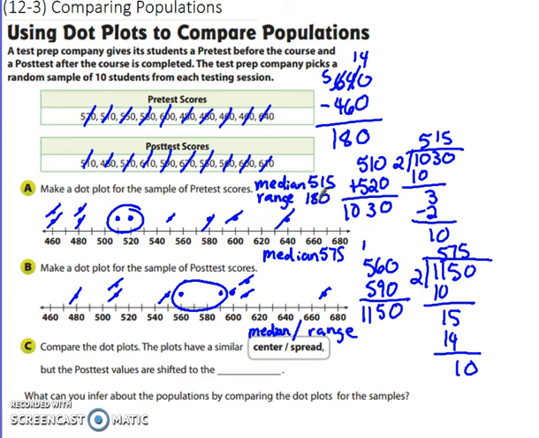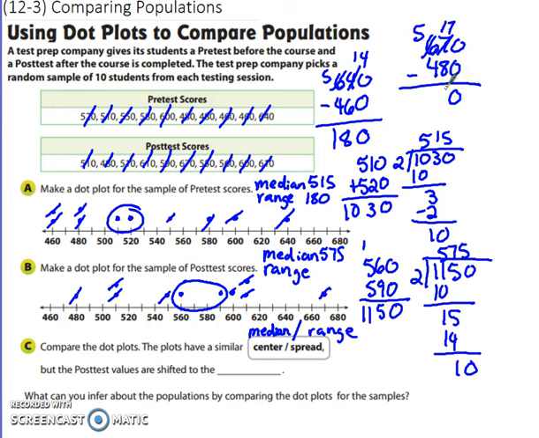And then now we're going to find the range of the post-test scores. So the range of the post-test scores, we have the highest number. The highest number is 670. The smallest number is 480. When I subtract, I'm going to have to borrow.